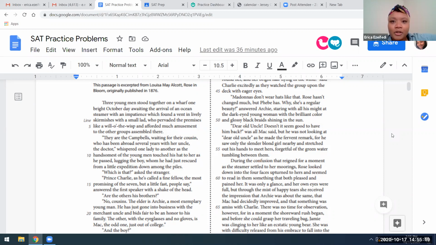I'm going to go to D first, though, to say why D is incorrect before I explore C. Answer choice D says, concludes that her cousins' lives have gotten better without her. Now, as with many of these questions, there are multiple ways you can arrive at the correct answer.